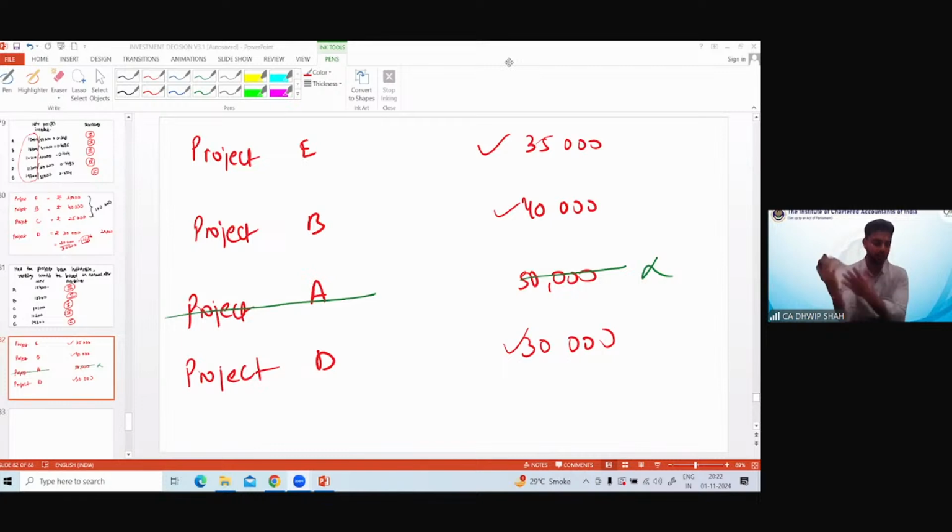We will evaluate project F, project G, project H, project I. We will look for another project, or find some projects which are divisible and invest in that, or find some other project like G, H, I, J. This is what we will do. Understood?